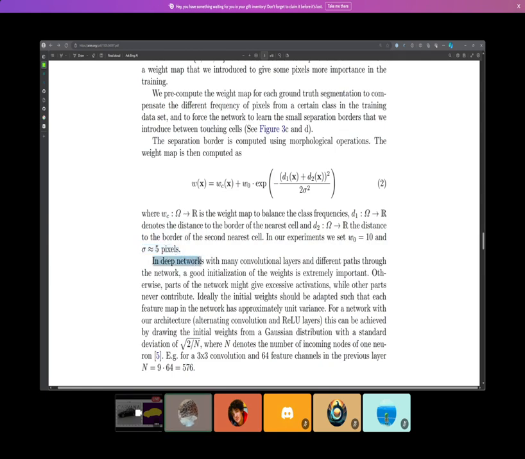In deep networks with many convolution layers and different paths throughout the network, a good initialization of the weights is extremely important. Otherwise, parts of the network might give excessive activations, while other parts never contribute. Ideally, the initial weight should be adapted such that each feature map in the network has approximately unit variance.